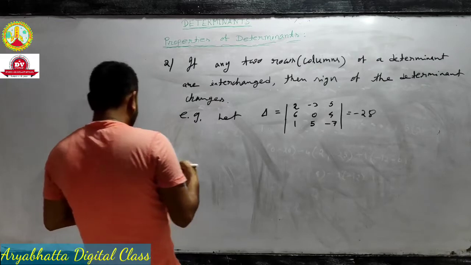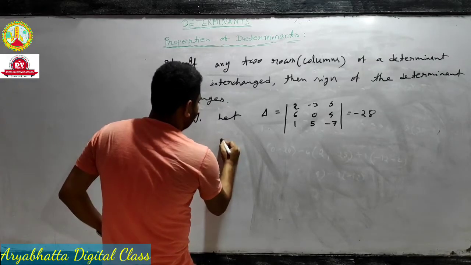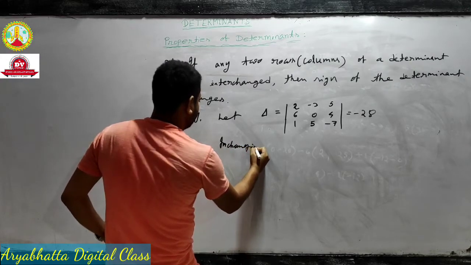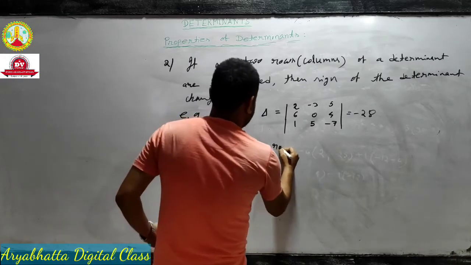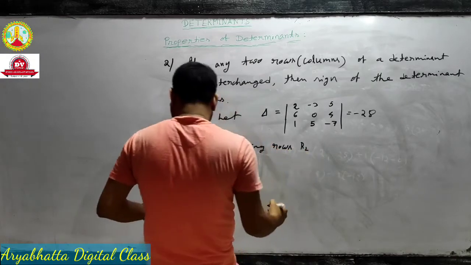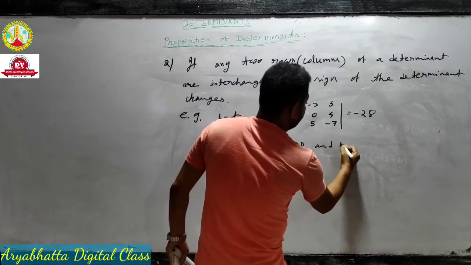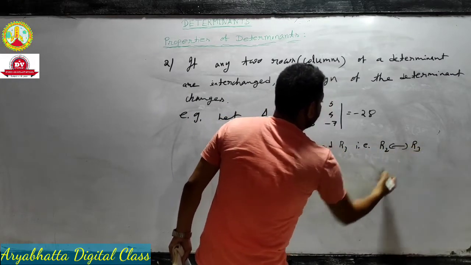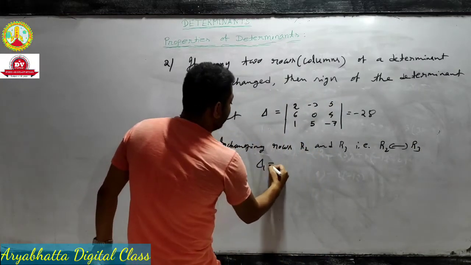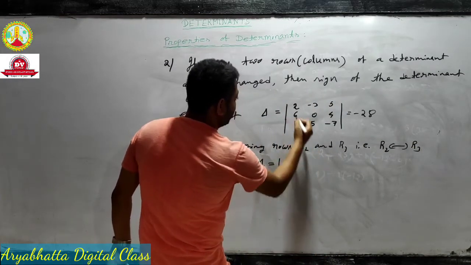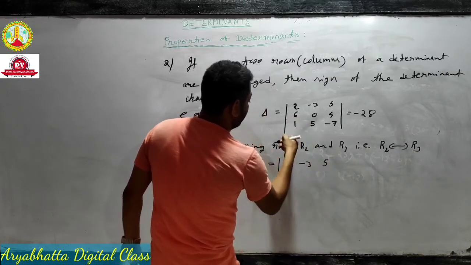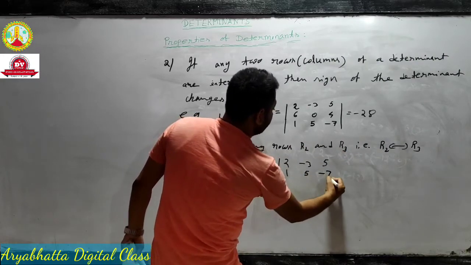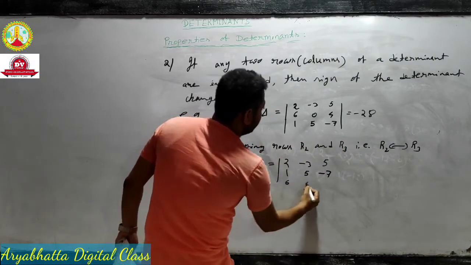Now interchanging rows R2 and R3, that is, R2 is interchanged with R3, delta 1 has R1 unchanged, 2, minus 3, 5, and then 1, 5, minus 7; 6, 0, 4.